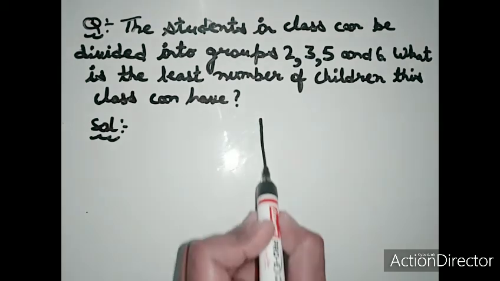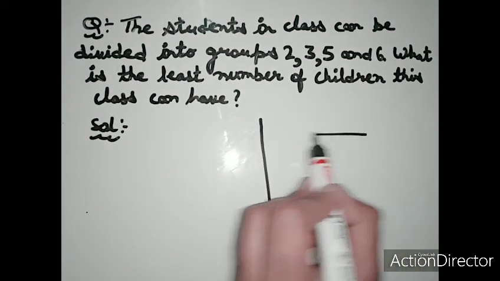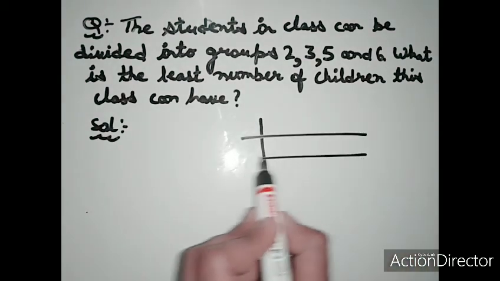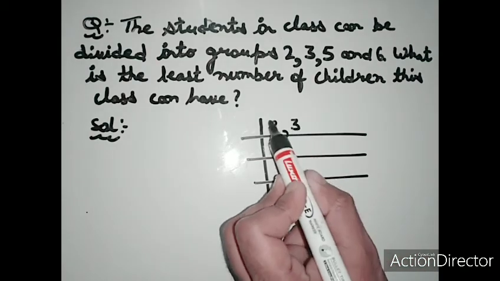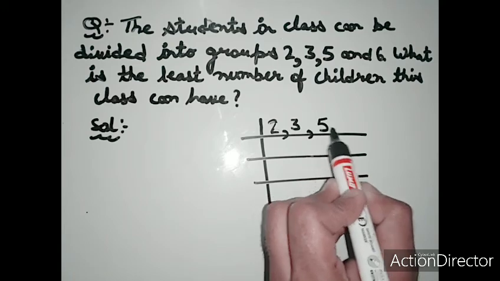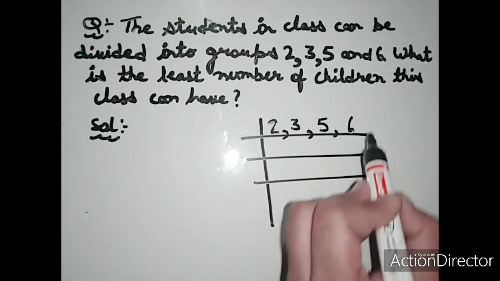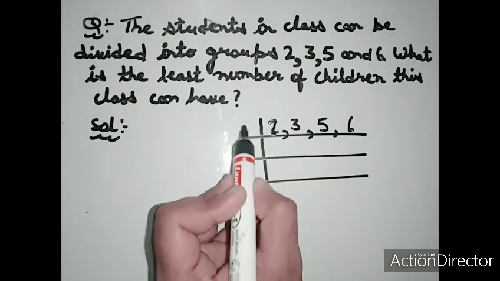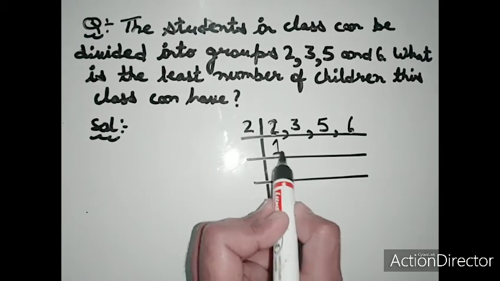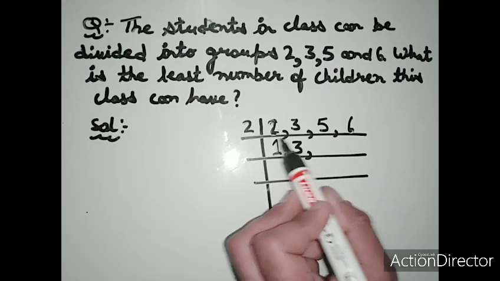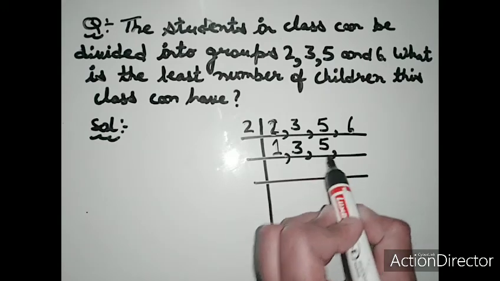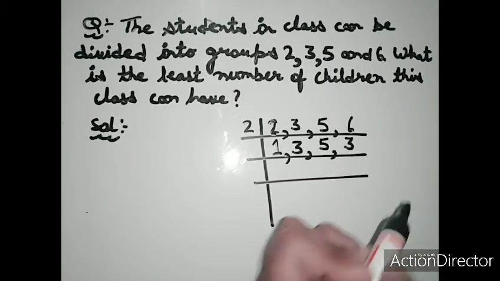So here we write 2, 3, 5, 6. Now we divide these four numbers by 2. 2 1s are 2, 3 is not divisible by 2, so we write 3 as it is. 5 is not divisible by 2, so we write 5 as it is, and 2 3s are 6.